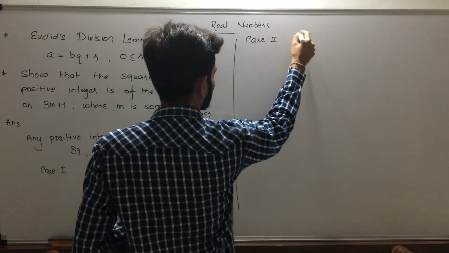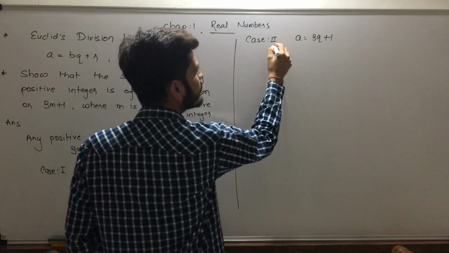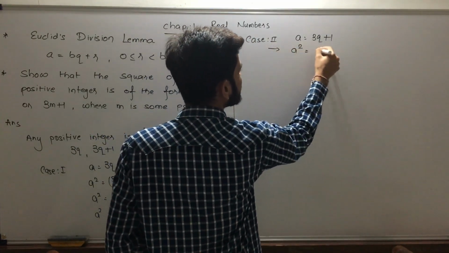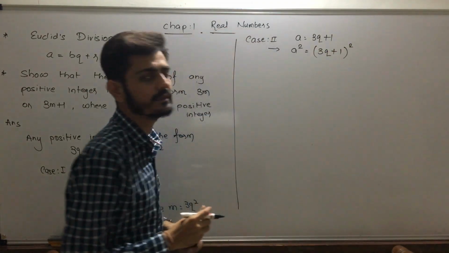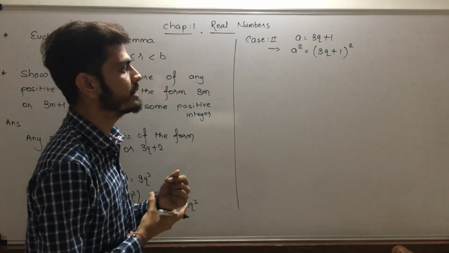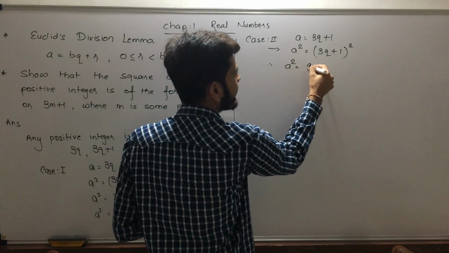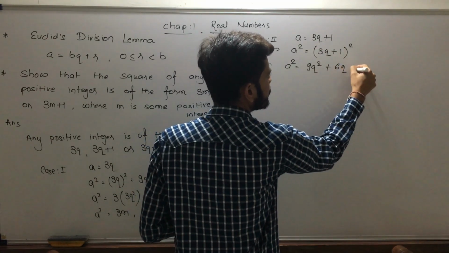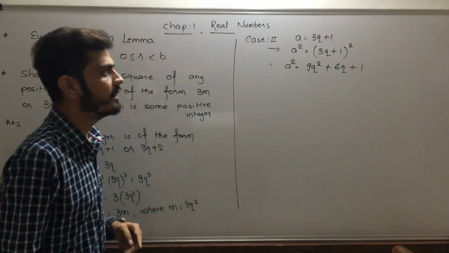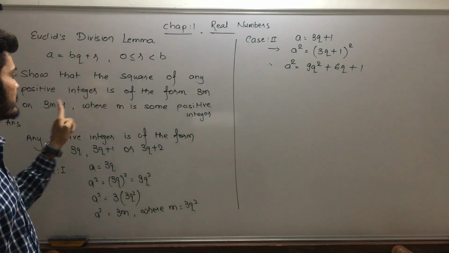Case 2. So a is equal to 3q plus 1. Squaring on both the sides now, a square is equal to 3q plus 1 the whole square. A plus b the whole square, a square plus 2ab plus b square expansion. So a square is equal to 9q square plus 2 into ab, 6q plus 1, right? Again, the square of any positive integer should be of the form 3m or 3m plus 1.